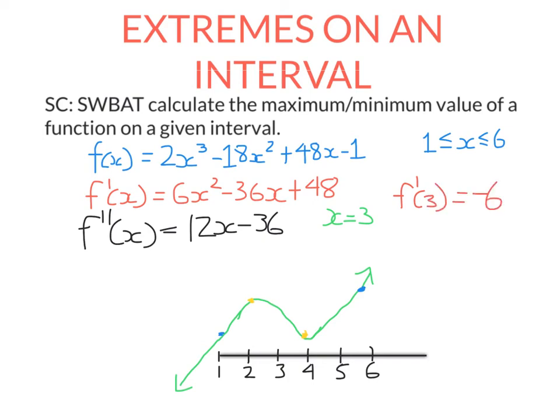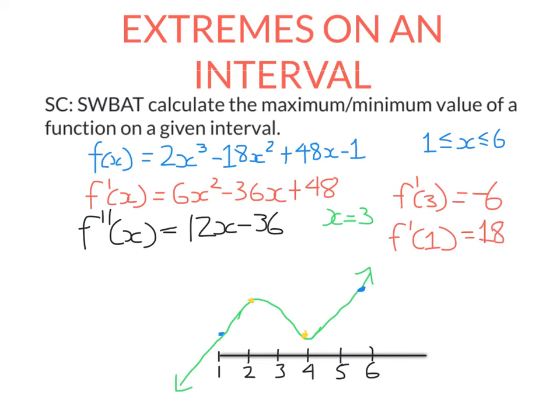But as I explained before, we can't just assume that this stationary point will give us the maximum or minimum value. I must also check the endpoints of the interval. So f dash of 1, substituting in the first endpoint of the interval, gives me 18.